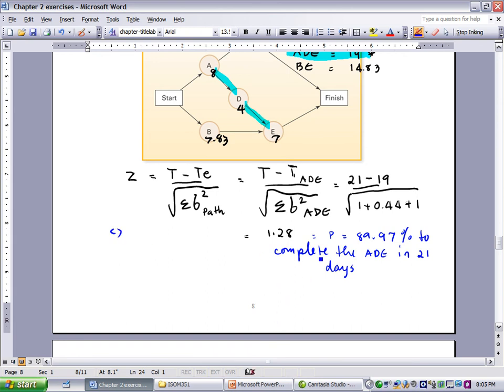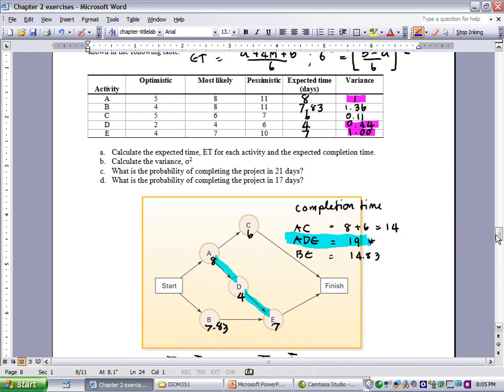For the D part we want to find out what is the probability of completing the project in 17 days. So we're going to test this.